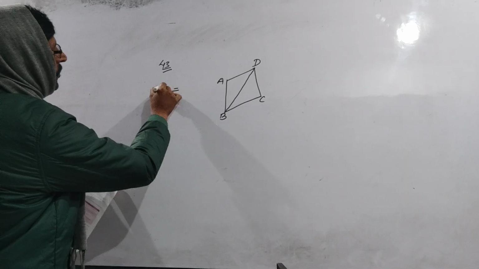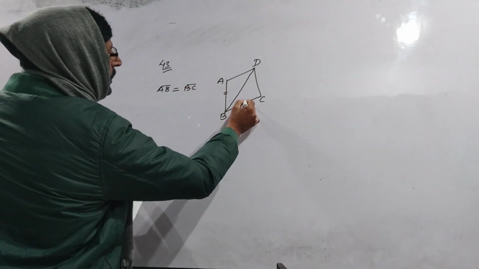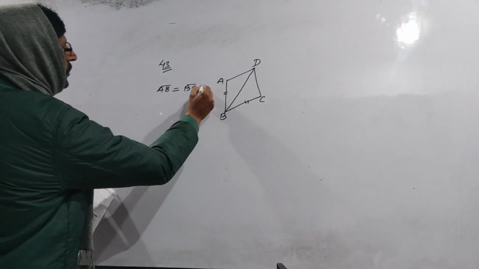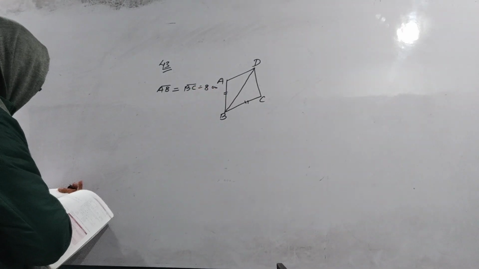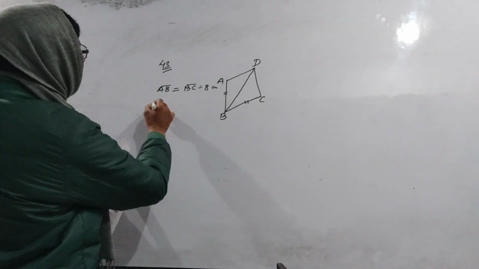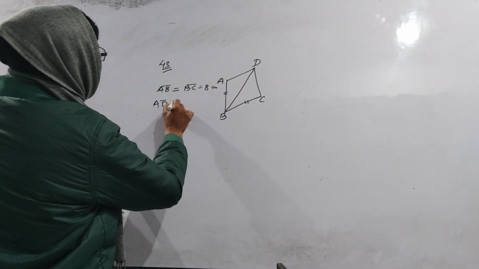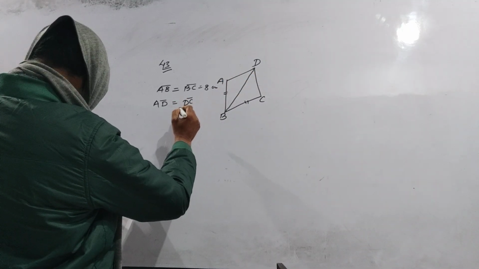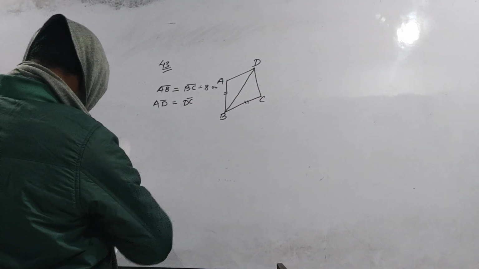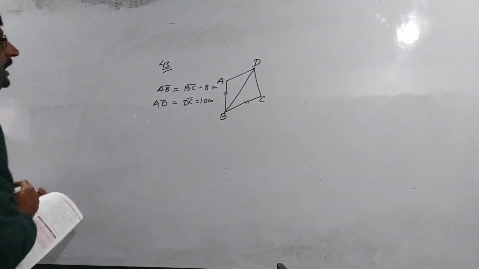AB is equal to BC is equal to 8 centimeters, given, and AD is equal to DC is equal to 10 centimeters, given.